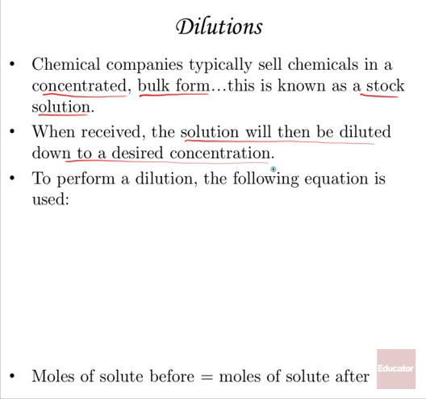To perform a dilution, the equation here is going to be used. It's basically M1 V1 equals M2 V2, where M1 is the initial molarity and V1 is the initial volume. M2 is the final molarity, and V2 is the final volume. Now, when you do a dilution, you typically just add water, right?